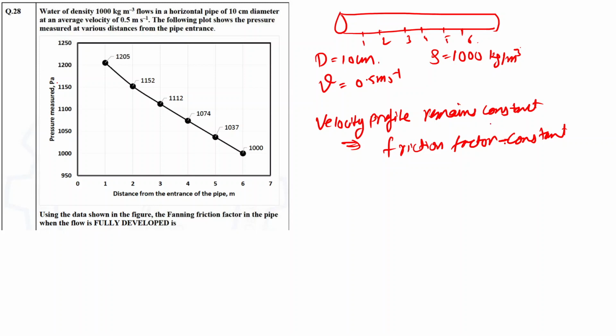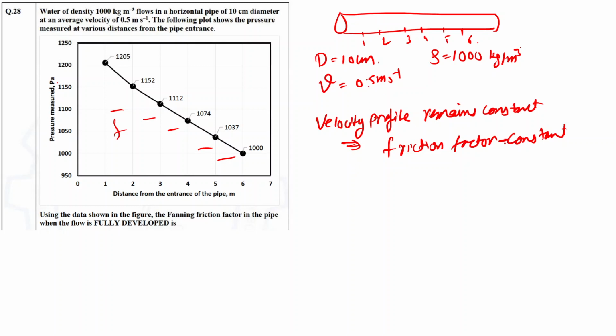So we will find the friction factor in each of these sections, that is 1 to 2, 2 to 3, 3 to 4, 4 to 5, 5 to 6. And when the friction factor in any of these sections becomes constant, that is, it will be the same, that implies that the flow is fully developed. And for that section, whatever friction factor we got, that will be our final fanning friction factor, or the final answer.